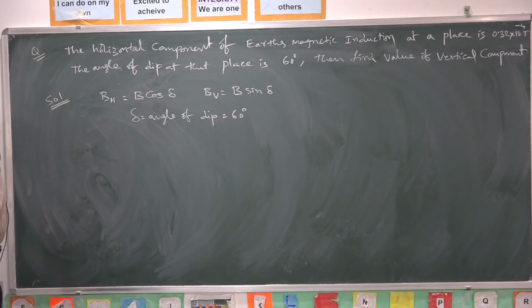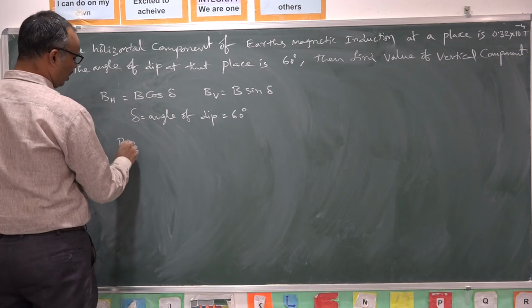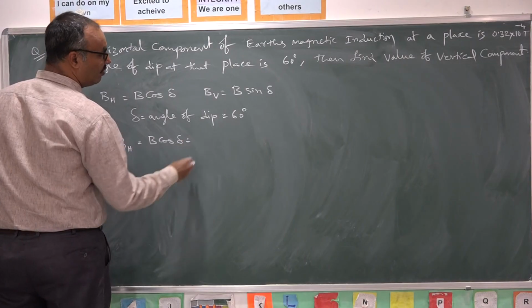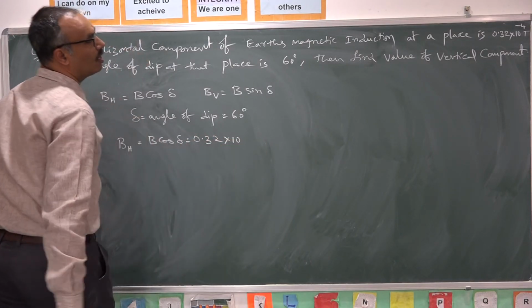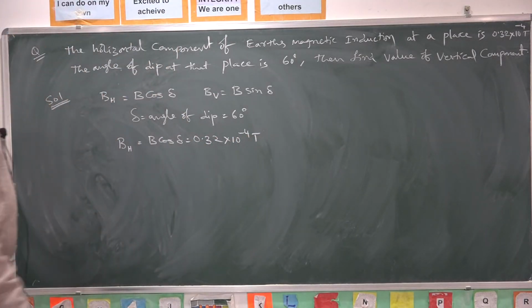They gave the horizontal component BH, that is B cos delta, as 0.32 into 10 power minus 4 Tesla.